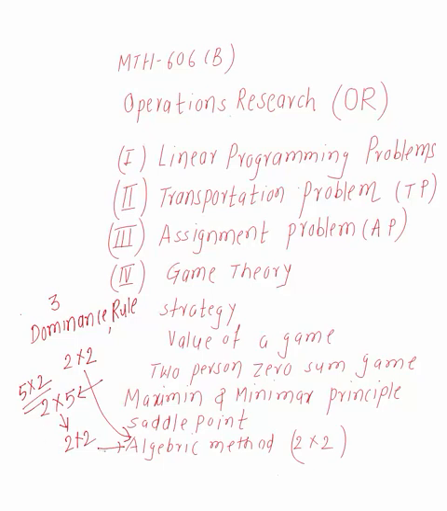This game is also reduced to 2 by 2 size using graphical method, and then algebraic method is used to find solution of that game. So let us begin with the first chapter, linear programming problem.